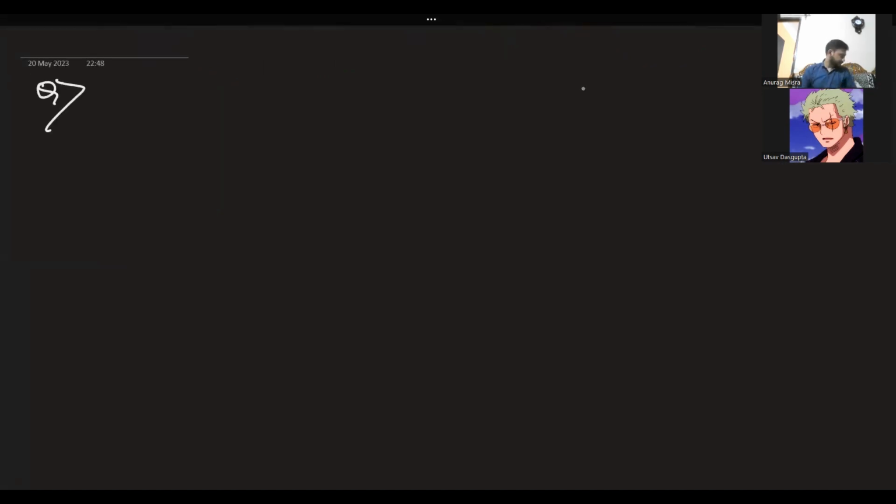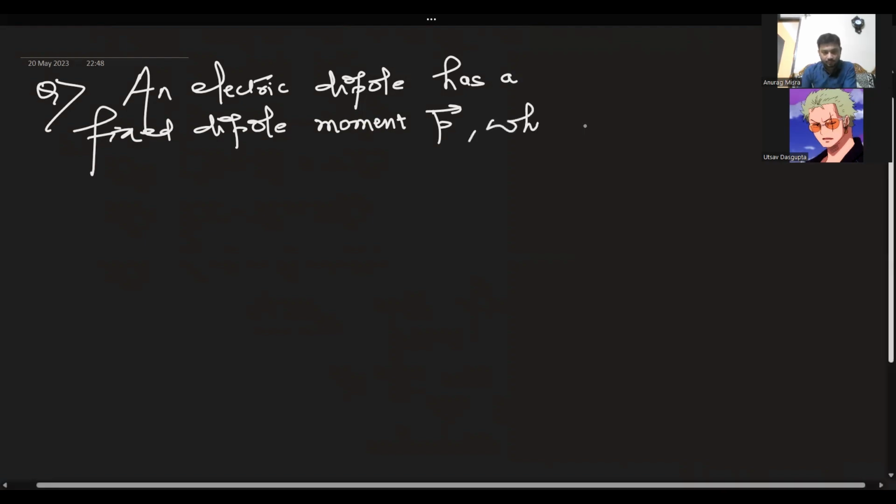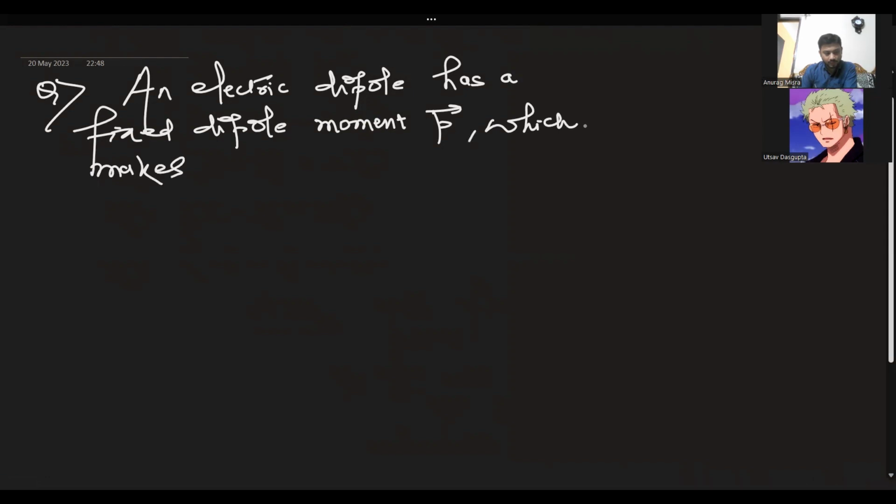The next question is: an electric dipole which has a fixed dipole moment P, which makes angle theta with respect to x-axis.